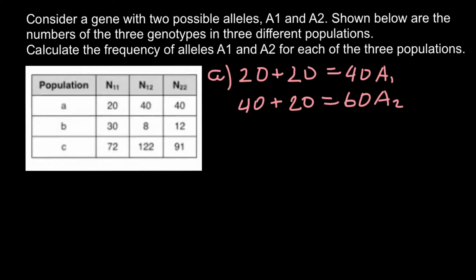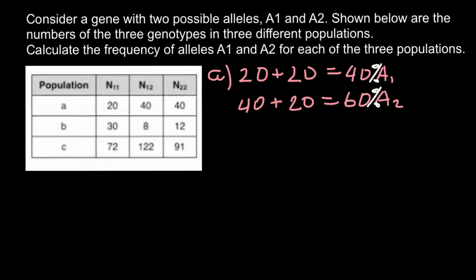The total number of alleles is 40 plus 60, which is 100, and 40 represents A1, so the frequency is 40% of A1 allele and 60% of A2 allele.